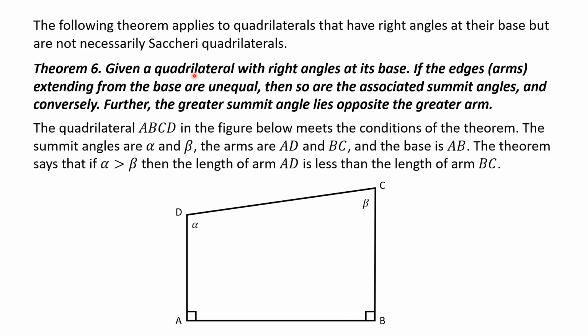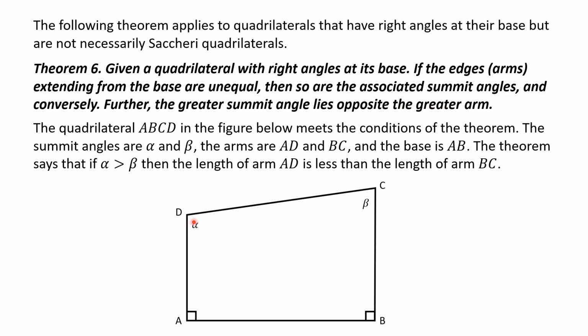So given a quadrilateral with right angles at its base, if the edges, the arms here, AD and BC, extending from the base are unequal, which they are in this case, then so are the associated summit angles. And conversely, the greater summit angle lies opposite the greater arm.